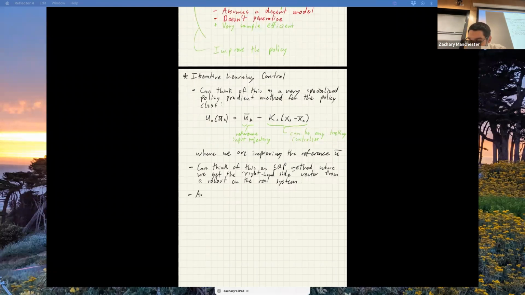So assume that we have a reference trajectory, X bar, U bar. So the states and the controls that we want to track.